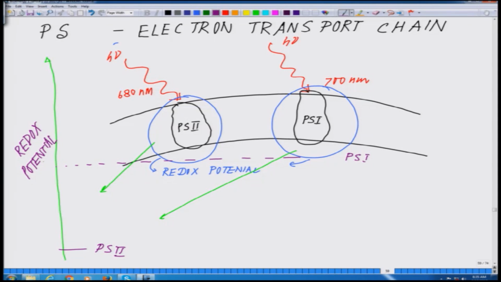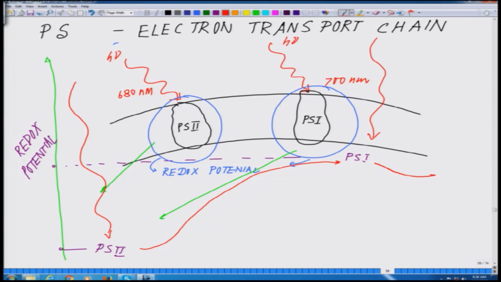Okay. Then we will of course assign the values and everything, and then we will observe how, when light, say for example, is falling on photosystem II and photosystem I, the electron is traveling, and you will see it is an uphill transport, and finally, how the electron is being funneled from photosystem I to form the NADPH.